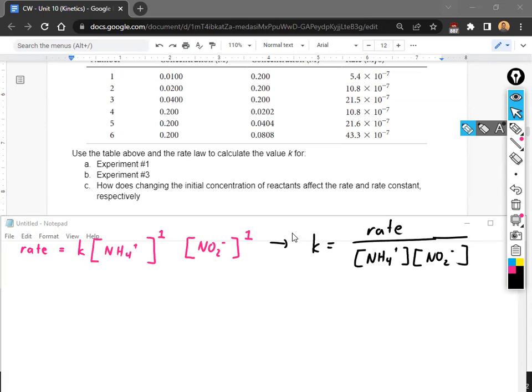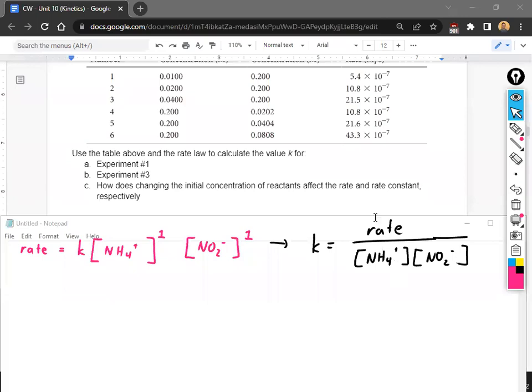The brackets mean concentration, but for the math operation, we can just consider them parentheses. So see if you can solve for K for experiment 1 and experiment 3. And then just based on the numbers that we get, I want you to figure out if changing the concentration of reactants affects the rate and the K value, the rate constant. Okay, so I'll actually give you about 5 minutes to do that. And then we'll go over it together.